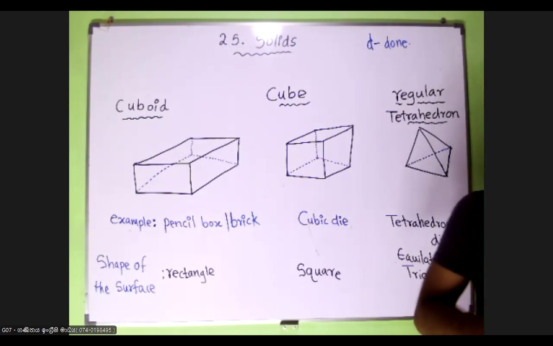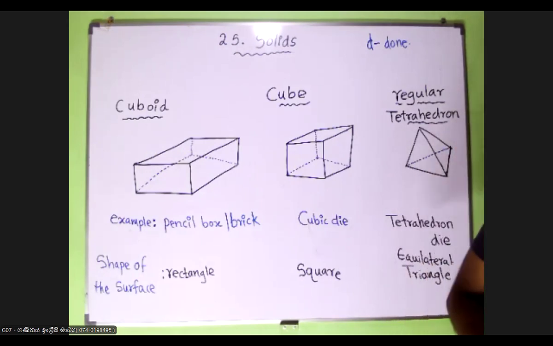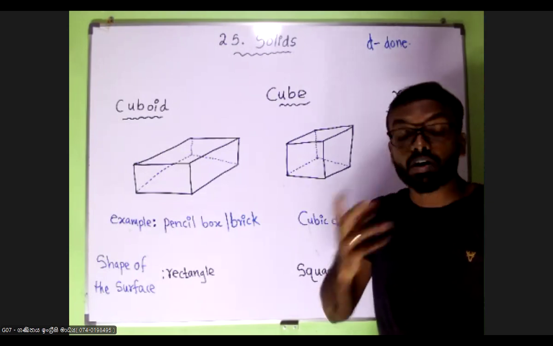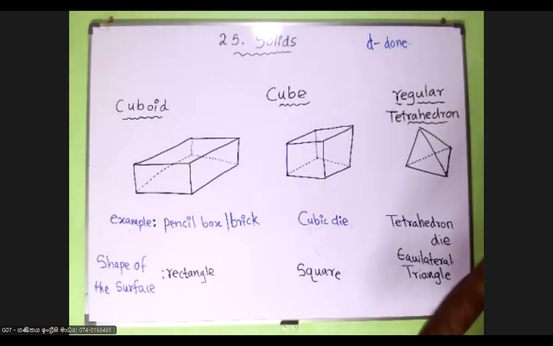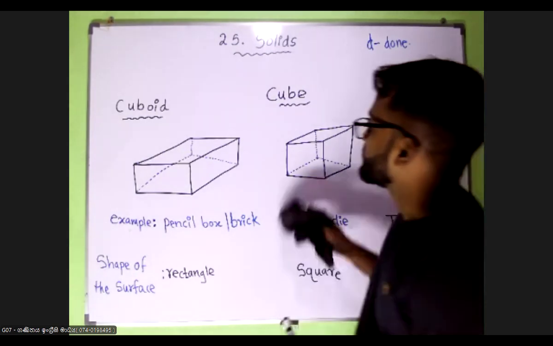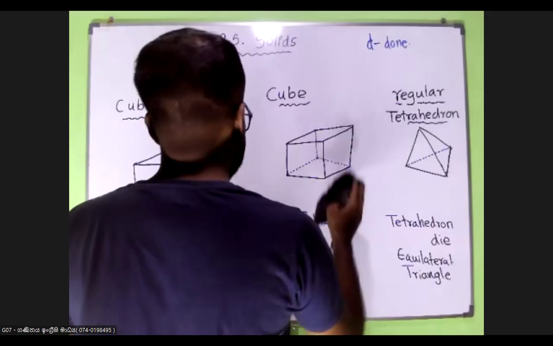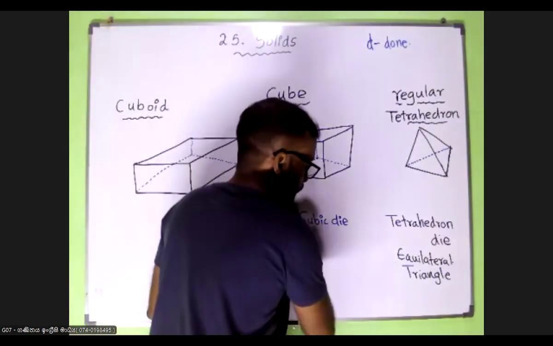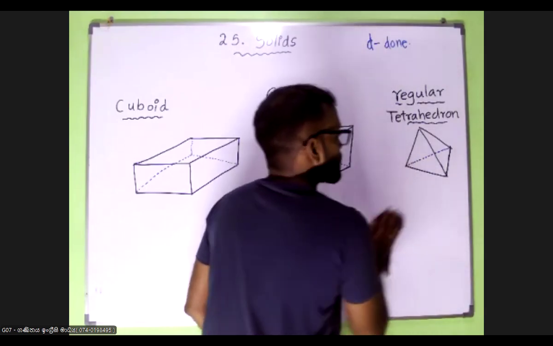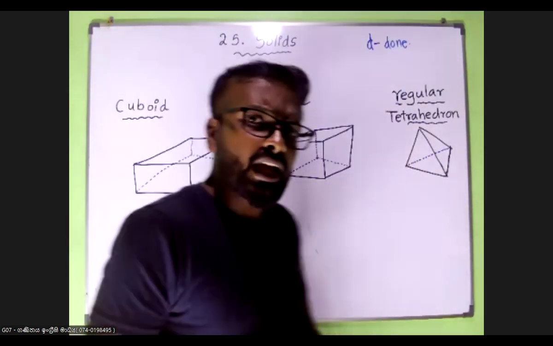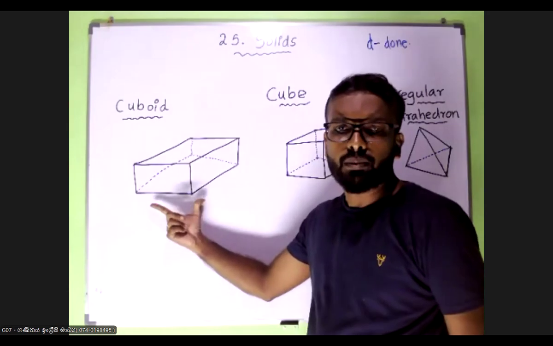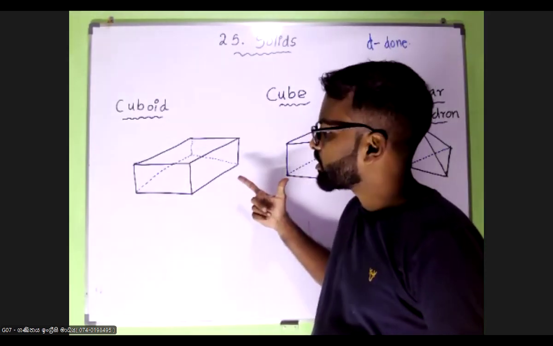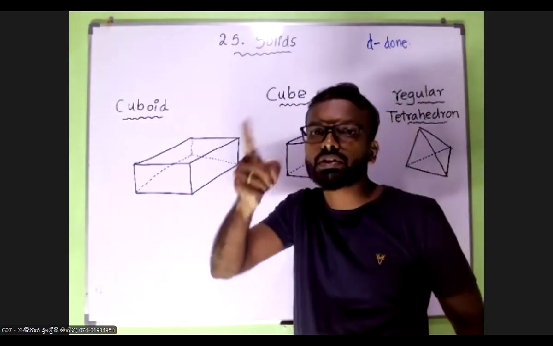Right, guys. So next, surfaces of solids can be plane surfaces or curved surfaces. Now, by looking at these three solids, can you find any curved surfaces?